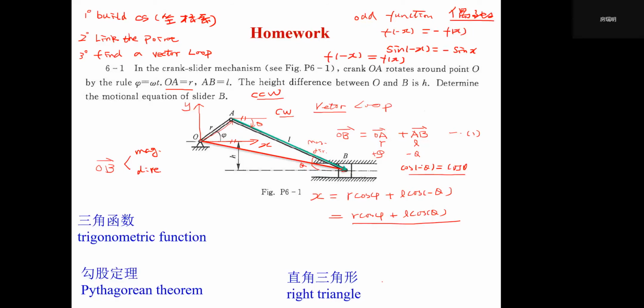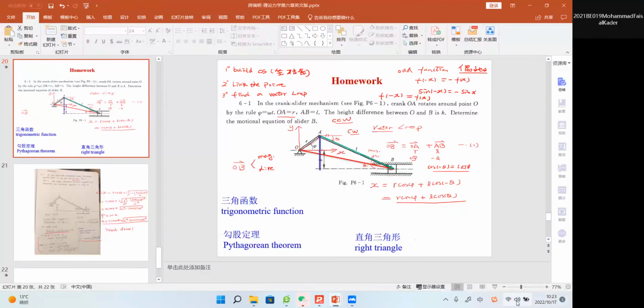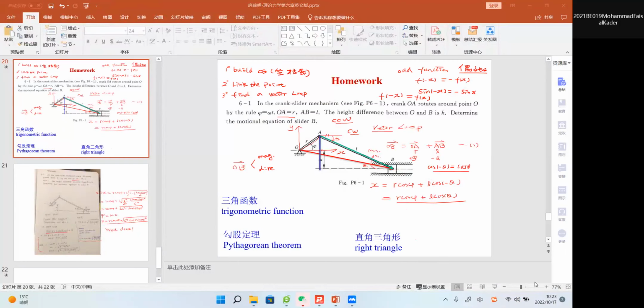Basically, I understand that L cos of minus theta equals L cos theta. That's fine. My main point is how we find L cos of minus theta. I understand this one. Why do we write minus here? We can write plus theta, only cos theta without the minus sign.